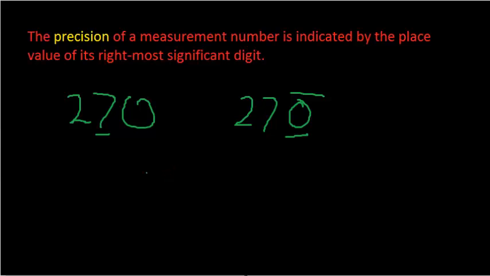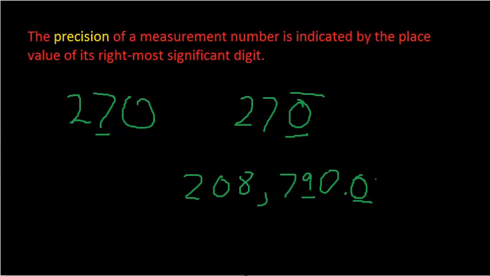So again, precision is looking at the rightmost significant digit, so it is precise to that place value. 208,790, again, this is precise to the tens place. If I were to make this a decimal, now it is precise to the ones place.